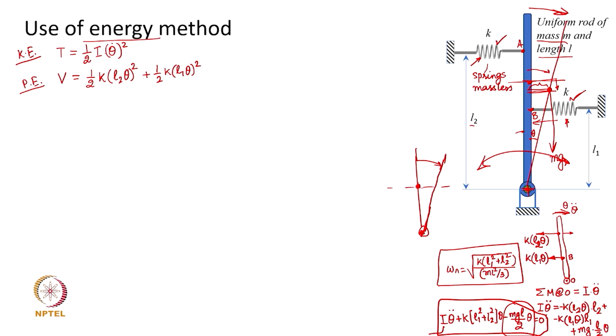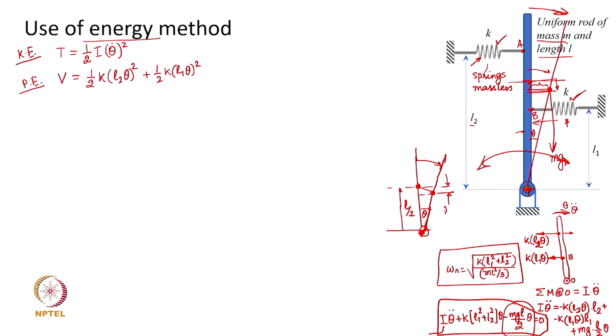So, this gets shifted by this angle theta, and the drop in its position vertically, for a small angle theta motion, is as follows. The position of the center of mass is L by 2.